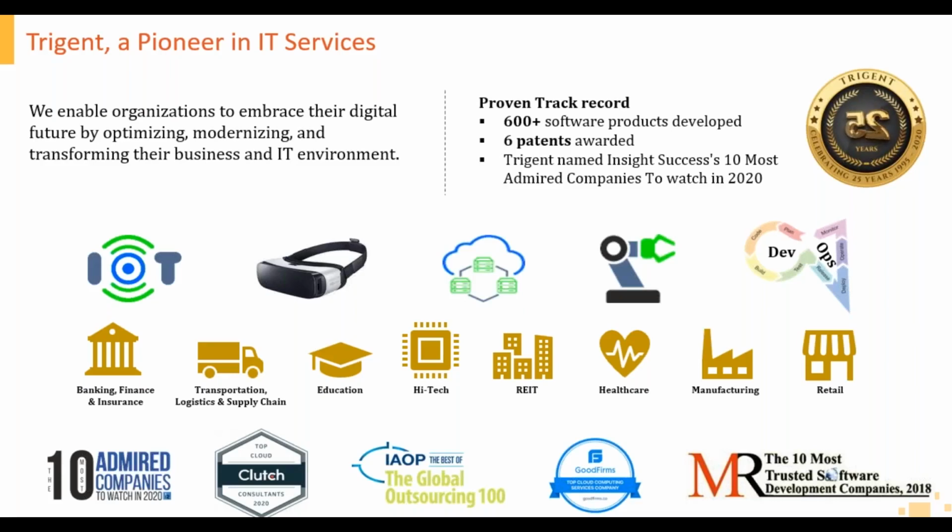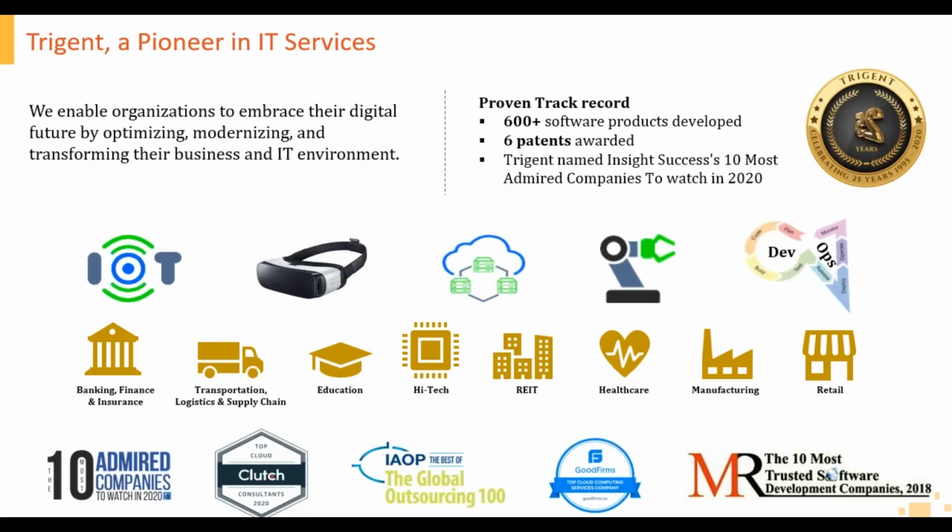Here, I just wanted to give a small snapshot about Trigent. We are a 25-year-old company in the industry, and we have complete end-to-end experience across all the technologies and all the verticals. We have a proven track record of 600 plus software products developed. We have 6 patents awarded, and we are one of the leading companies in Clutch reviews. We have a good amount of experience across transportation, healthcare, and manufacturing companies.